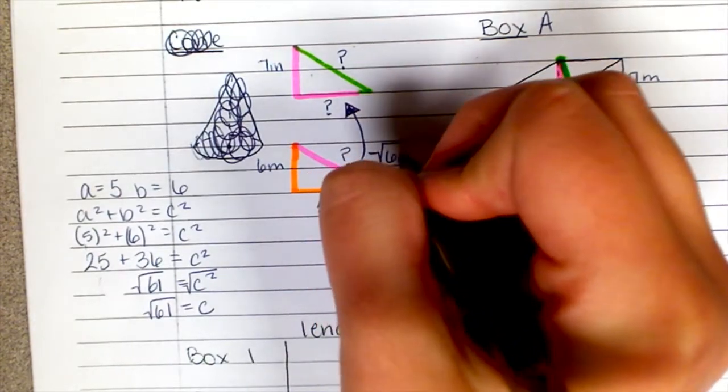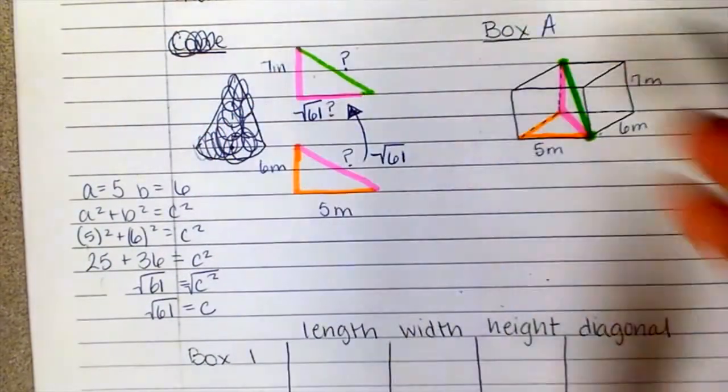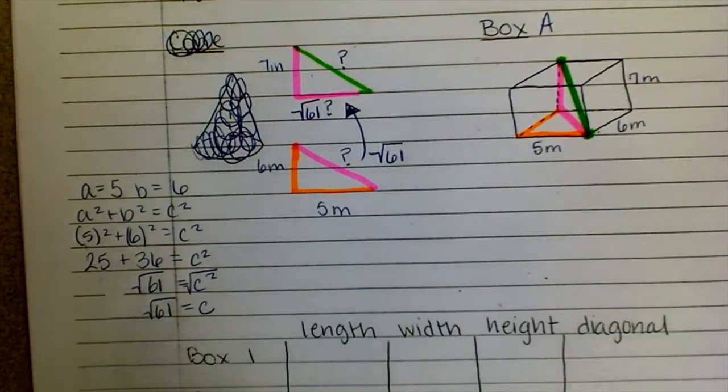So I'm going to label this over here as the square root of 61. I'm not going to simplify it. I'm not going to approximate it. I'm going to leave it exactly where it is because I'm not done working my problem yet.